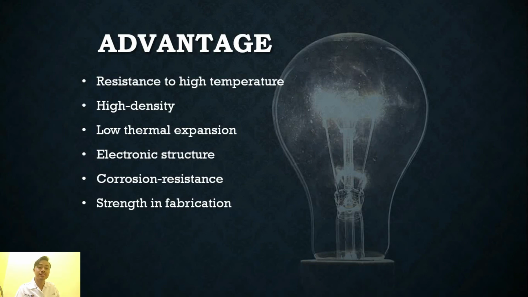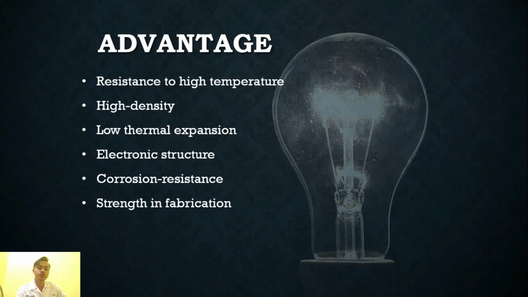Thus, tungsten can withstand that, and it is applied in some of the accessories. For example, from the previous slide in the alloy, they use it in the turbine blade.